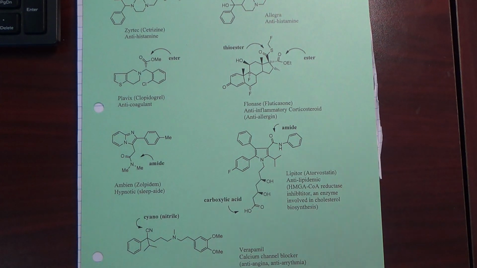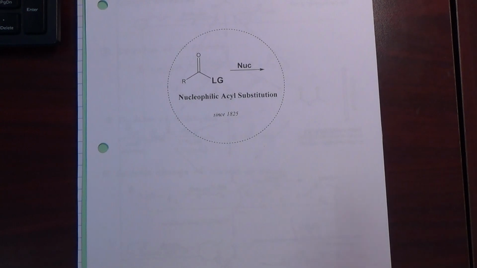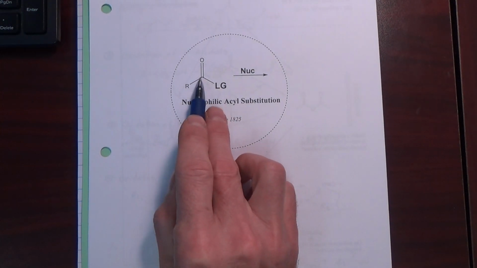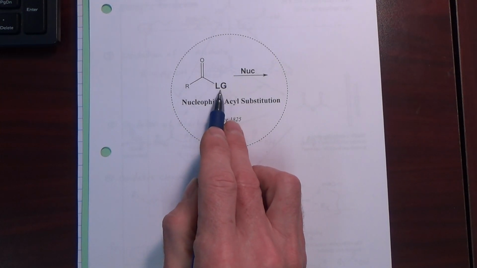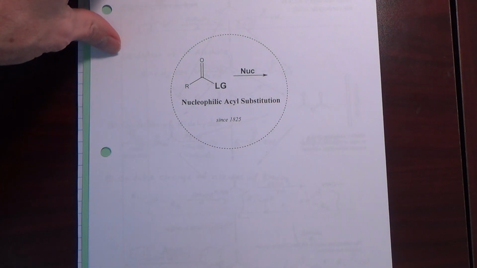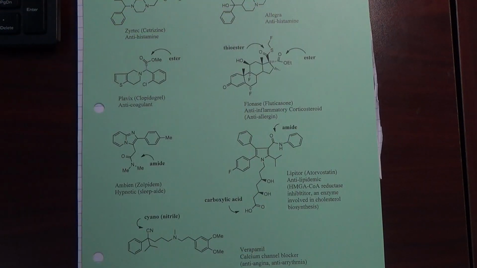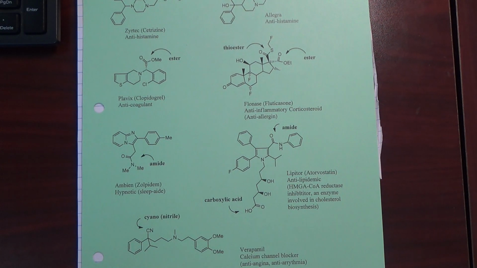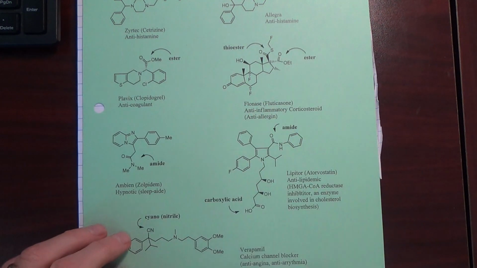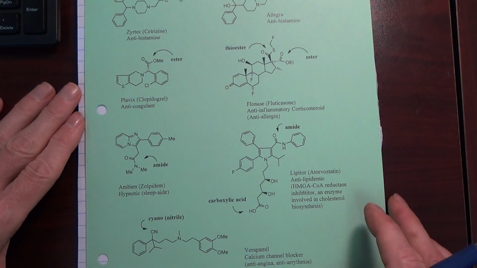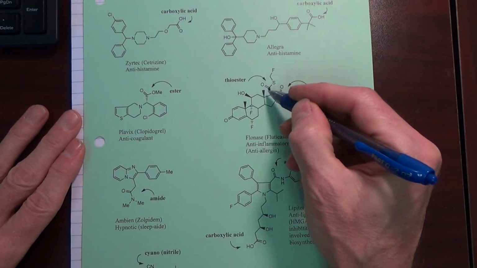Largely because acid derivatives ultimately contain a leaving group on the carbonyl carbon, where aldehydes and ketones do not. But we can do some leaving group chemistry. Stay tuned to that. Okay, a little bit of overview there, intro to the functional groups. Thioester being new to most of you.